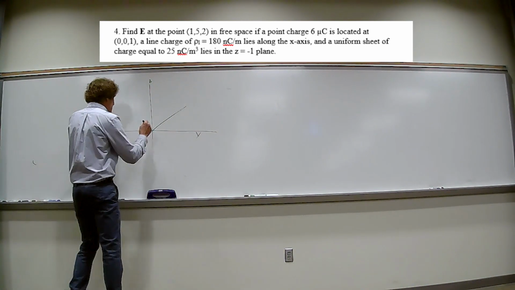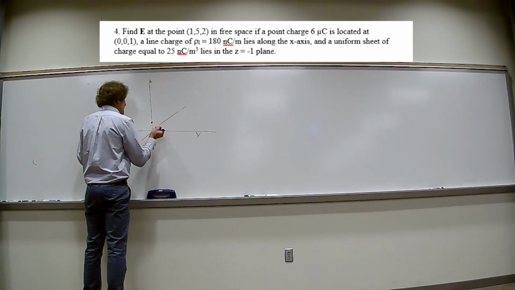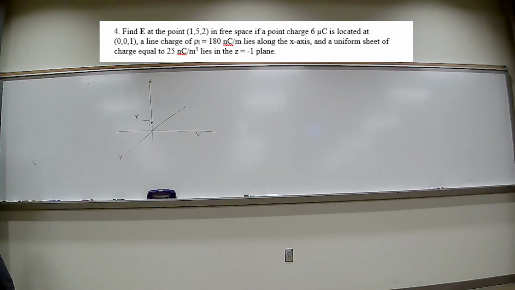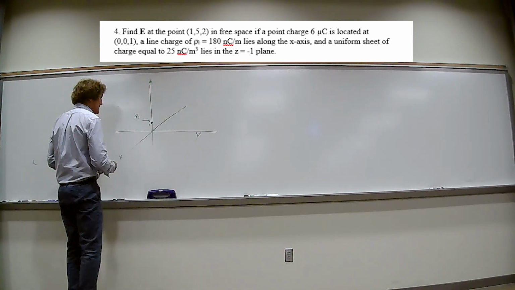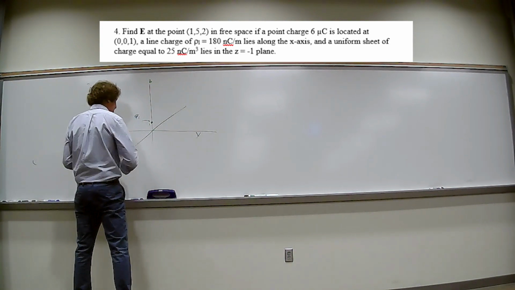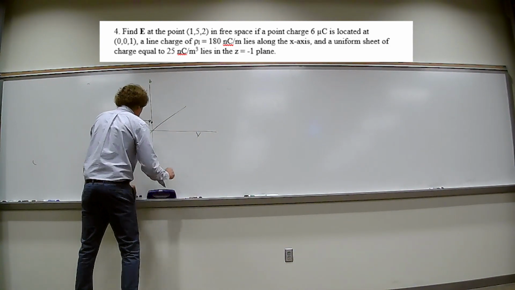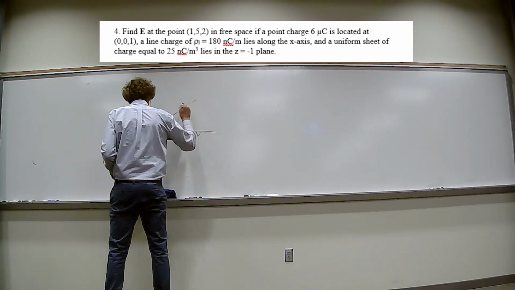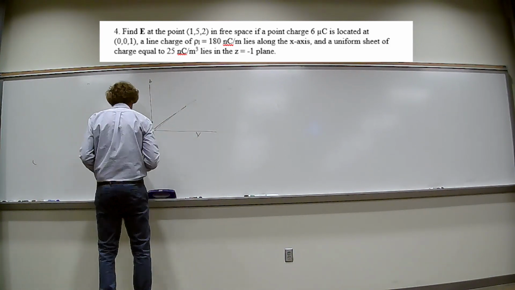So that means I got a charge here at a height of 1, and I'll just call that Q1. And then I have a line charge of 180 nanocoulombs per meter along the x-axis. So then I have this charge right there. And I have a line charge on the x-axis of rho L. I'm going to leave it as rho L for now.